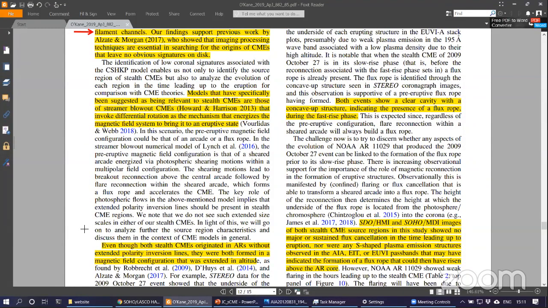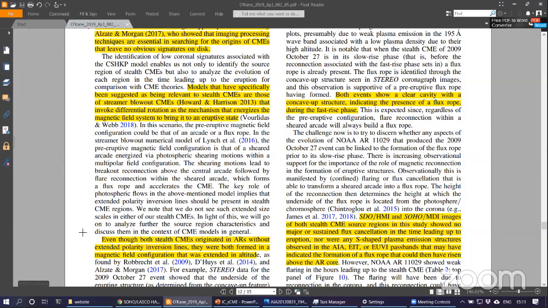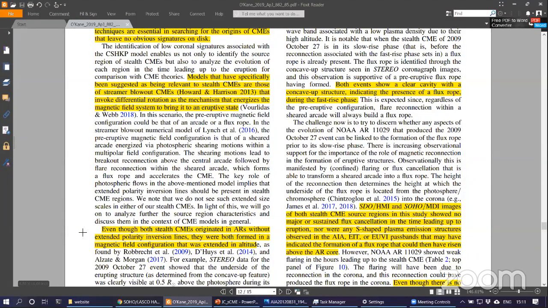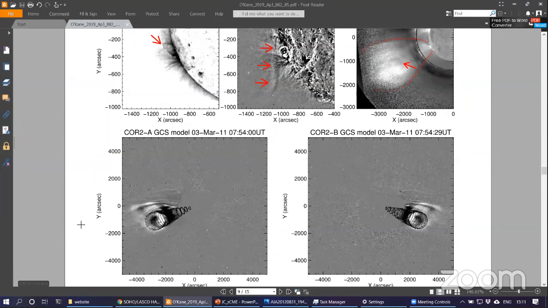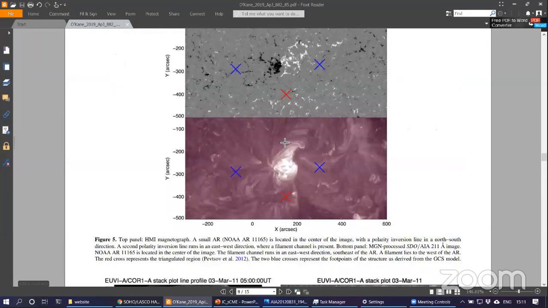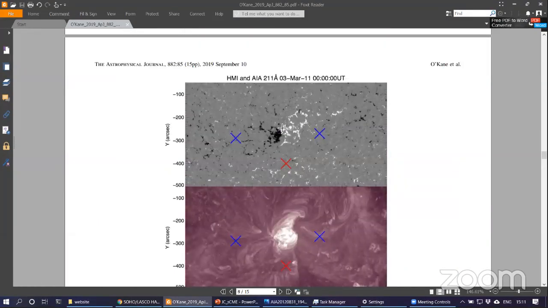One more thing they noticed is that the polarity inversion lines, the region between the positive and negative polarity of the active region, were also very small as compared to those responsible for large eruptions. And moreover, if I go back to the magnetic field information, you can see the polarity inversion line will be located somewhere around here, between the positive and the negative polarity.